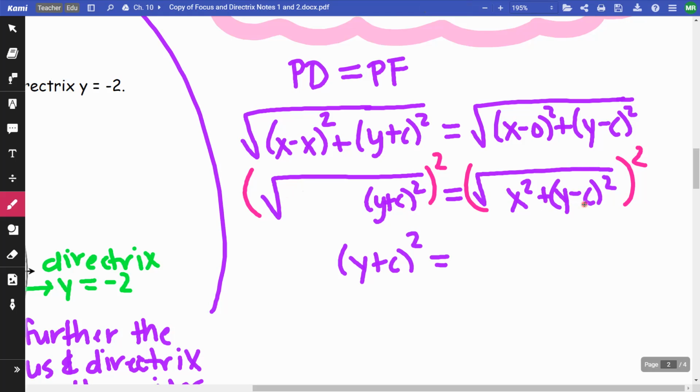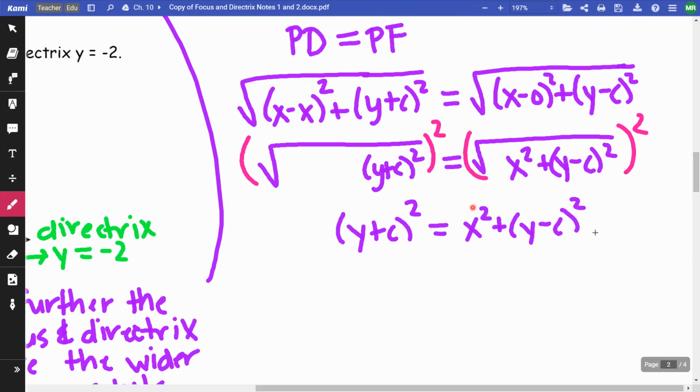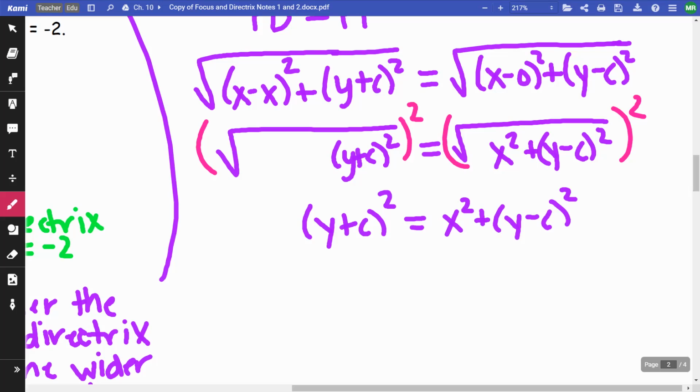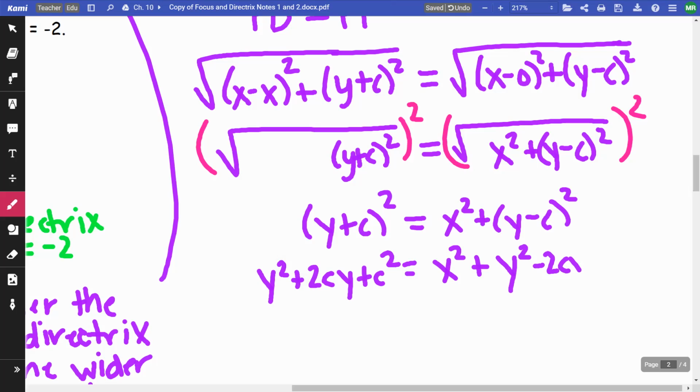On the other side, when I get rid of the square root, I get x squared plus y minus c squared. So now we want to multiply out y plus c squared. So y plus c squared is y squared plus 2cy plus c squared, equal to x squared plus, and then this is going to be the same thing I got on the other side, y squared minus 2cy, still plus c squared.